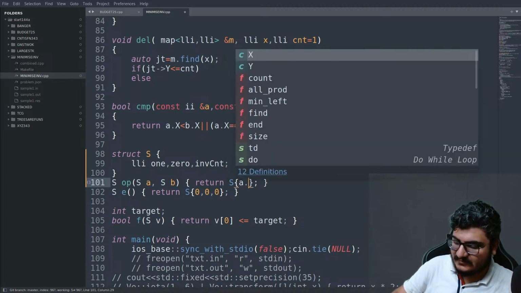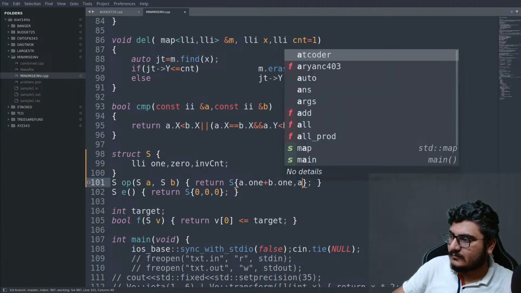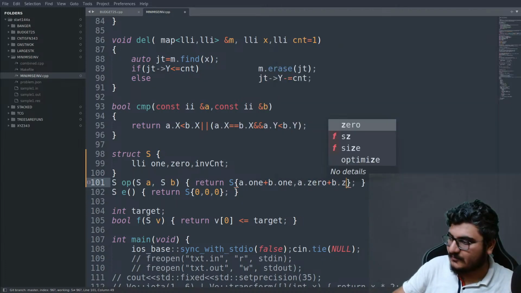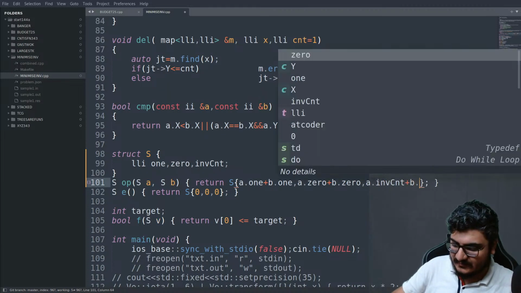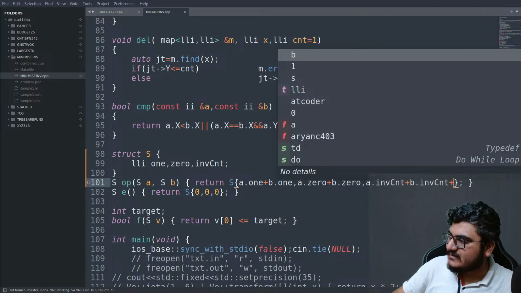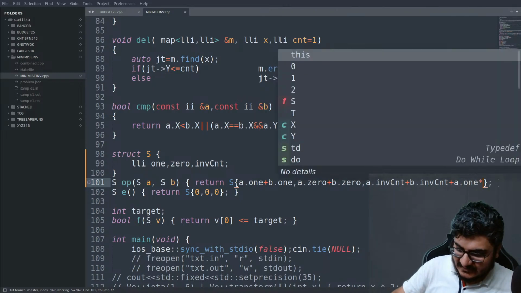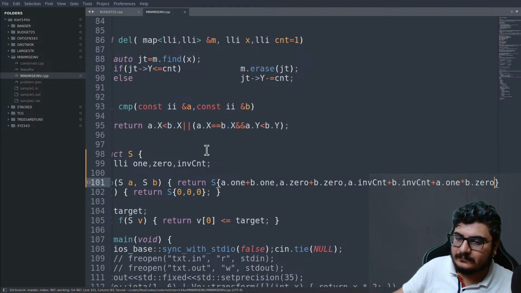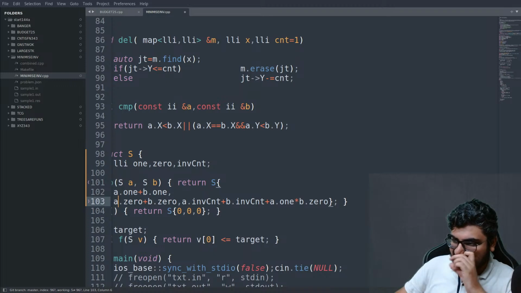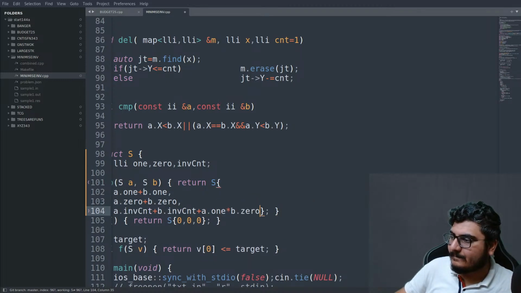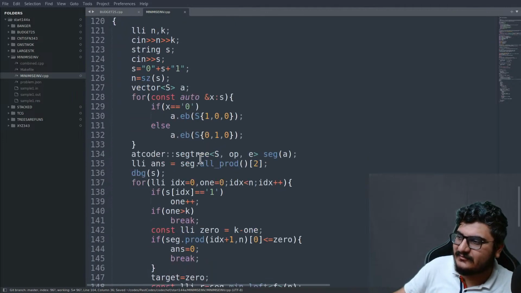If we have a left part A and a right part B, then the total number of ones would be A1 plus B1, the number of zeros would be A0 plus B0, and the total number of inversions would be A INV count plus B INV count plus the number of inversions across, which would be A1 multiplied by B0.